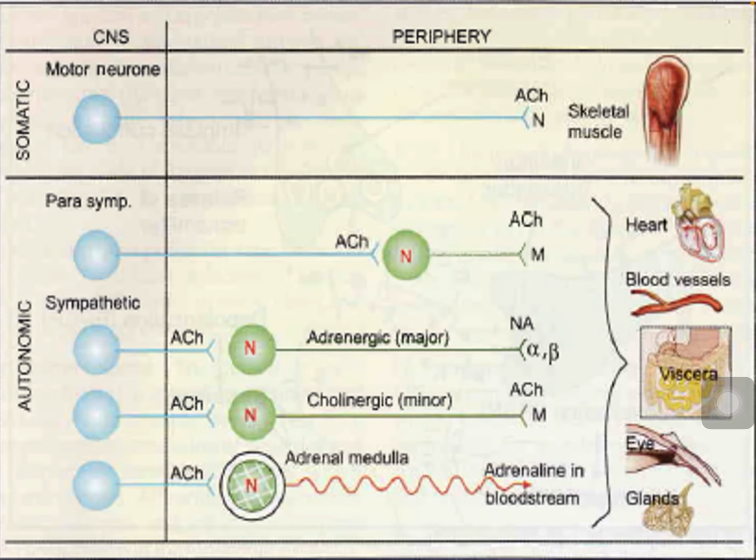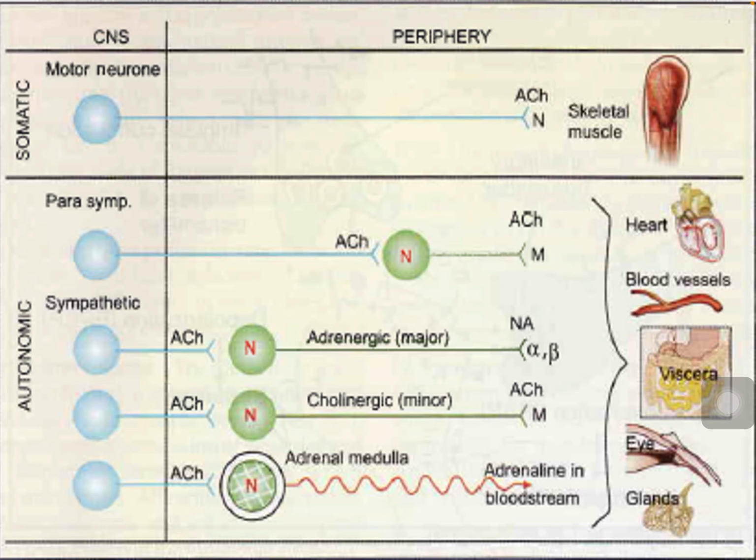This structure shows the anatomical layout of the somatic nervous system. The motor neuron is present in the CNS. From there, the efferent fibers directly innervate the skeletal muscle end plate, and the neurotransmitter here is acetylcholine.